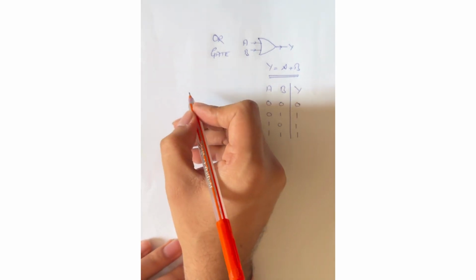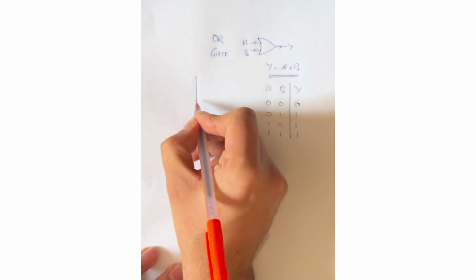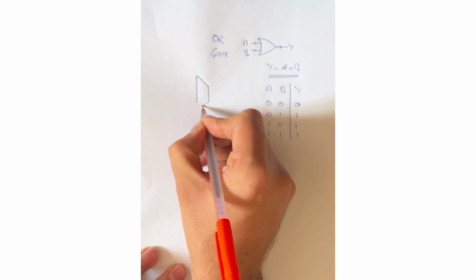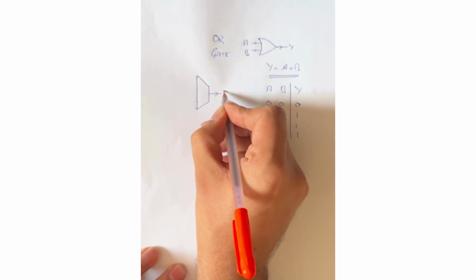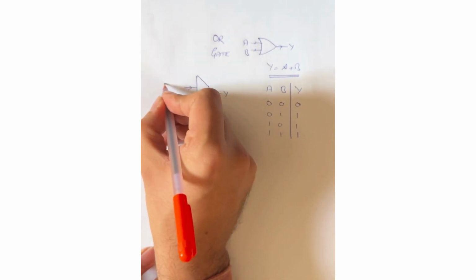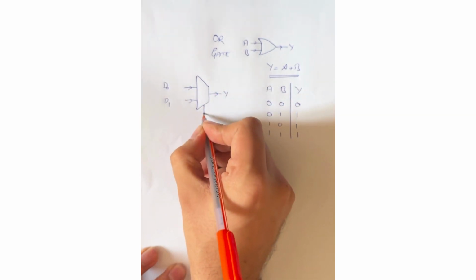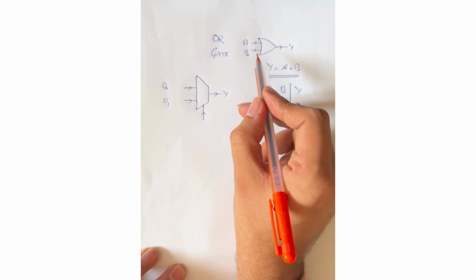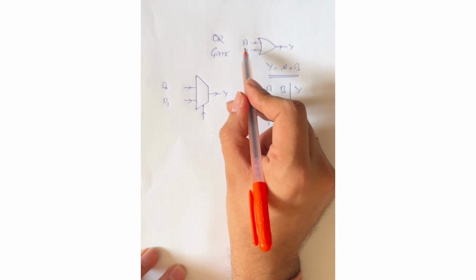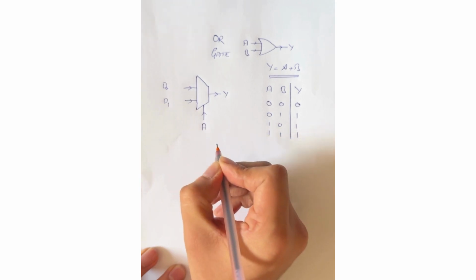Now, if we want to implement an OR gate using 2:1 MUX, let us consider a 2:1 MUX. D0, this is D1. Since the OR gate has two inputs, let us consider one of the inputs, A, as the selection line for the 2:1 MUX.